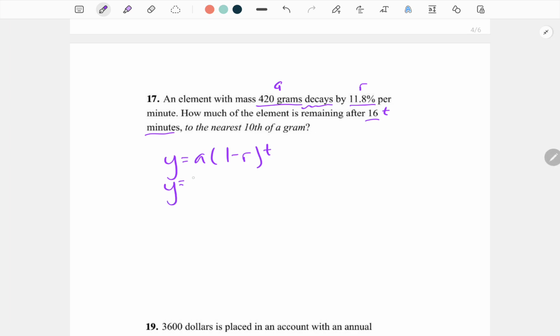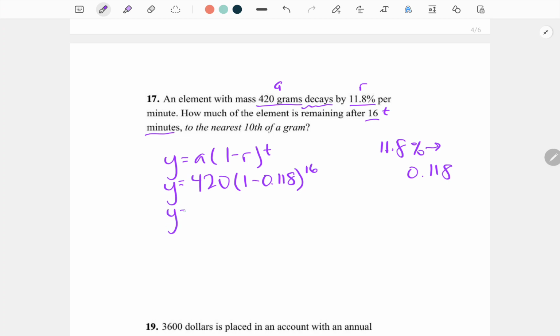And then now I'm just going to fill in. So my initial amount is 420. My rate needs to be as a decimal, so 11.8% is 0.118. So I'm going to put in 0.118, and then t is 16.